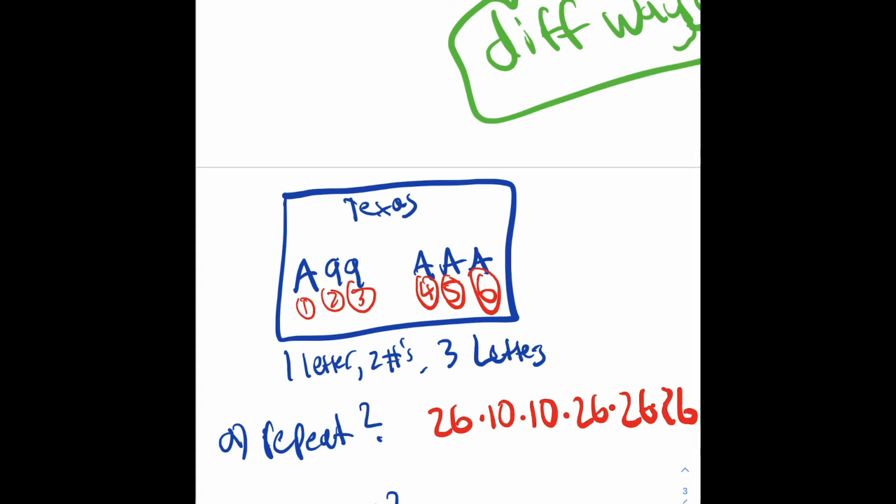When we multiply 26 times 10 times 10 times 26 times 26 times 26, please use a calculator, we get 45,697,600. That would be the number of license plate combinations.